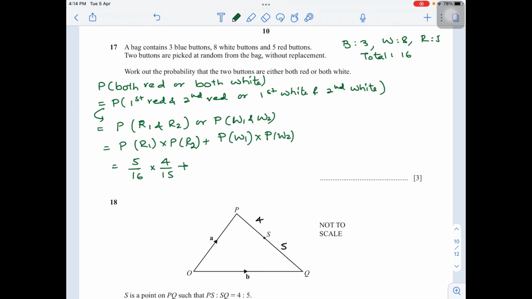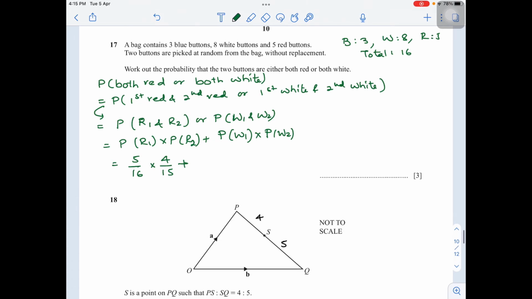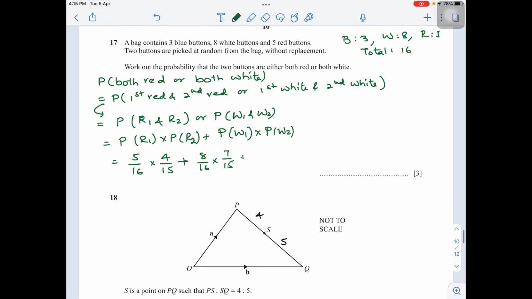Now first white, that means we have to consider the red button was not taken, because either you take both red or you take both white. So if you take red, you don't take white. If you take white, you don't take red. That's what it means. So it is white, how many? 8 over 16 times 7 over 15. You can use calculator directly, no need to write down.